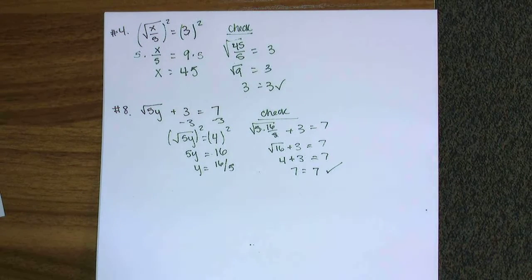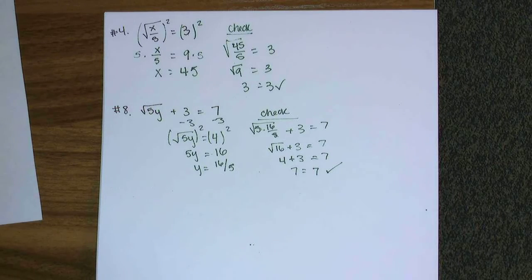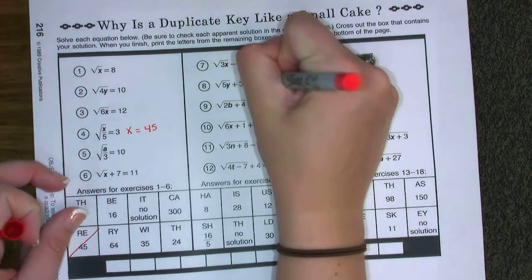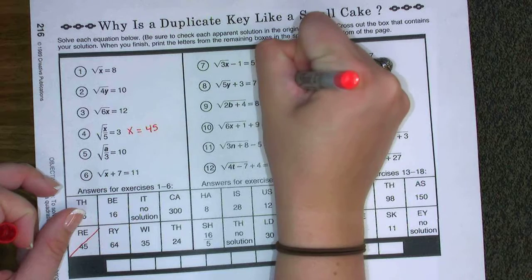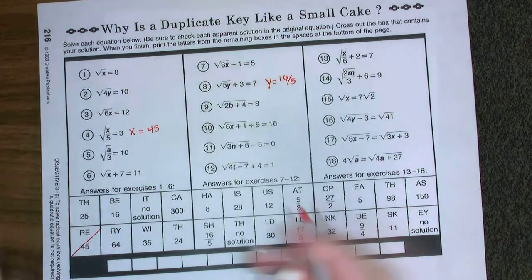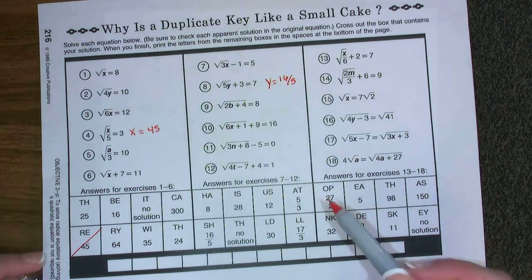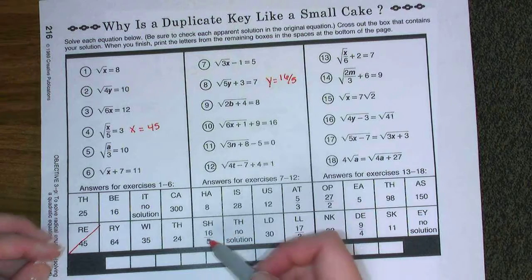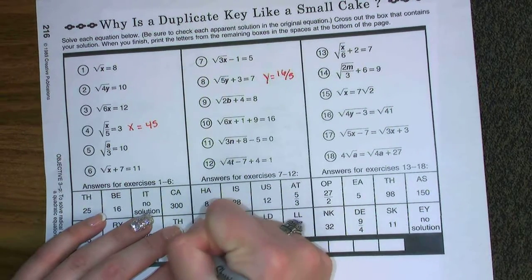So I've checked it and it's good. So now I can come over and write y is equal to 16 over 5. And I'm looking for 16 over 5. It's right here. So I cross that one out.